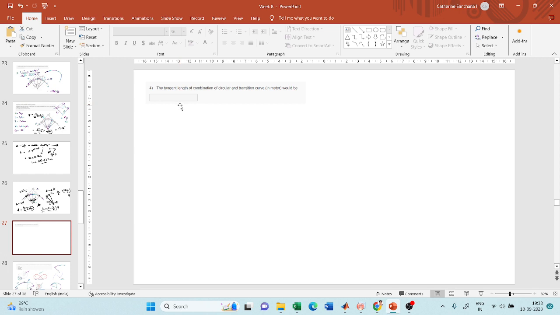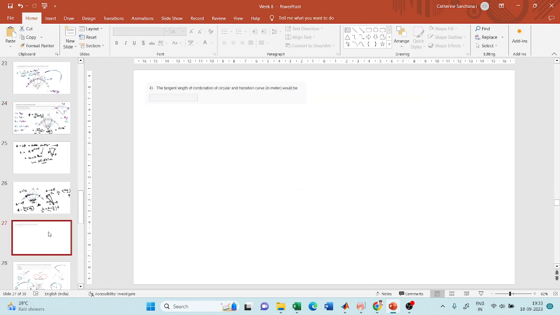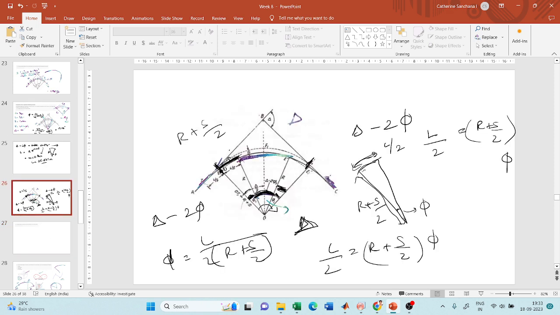The tangent length of combination of circular and transition curve. So what is this tangent length? Tangent length is nothing but the length of the tangent. They are asking you to find out the length of the tangent.